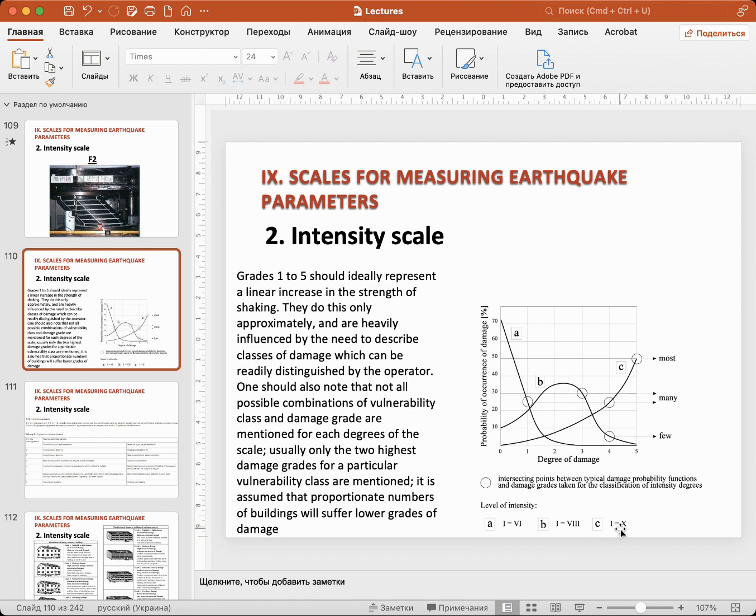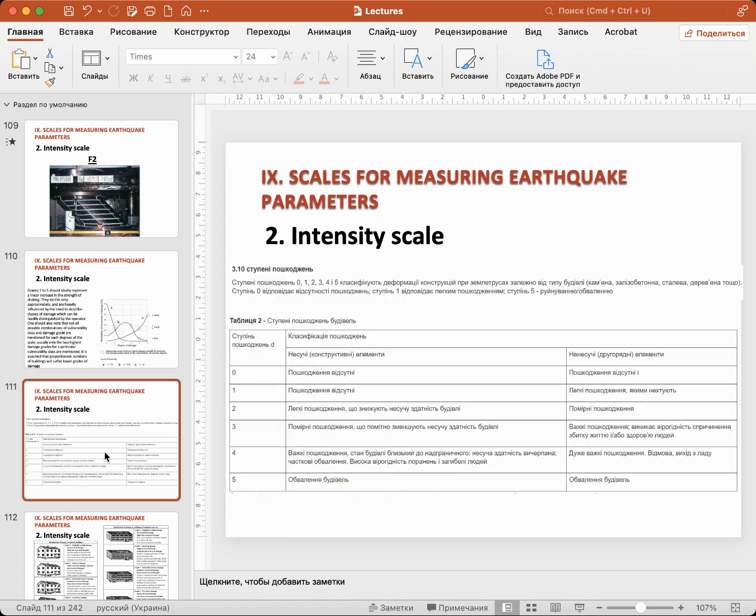And at a higher level of intensity, like 10, almost none of the buildings have zero damage, and most of the destruction, like 50% of buildings, was complete. So this diagram gives us the ability to understand the distribution of damages in buildings during an earthquake.